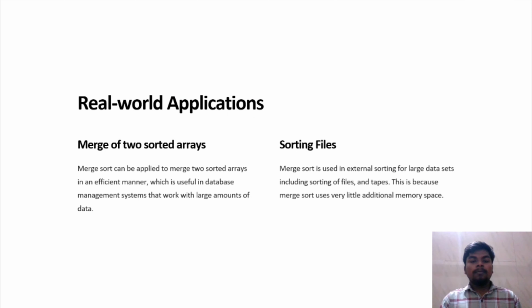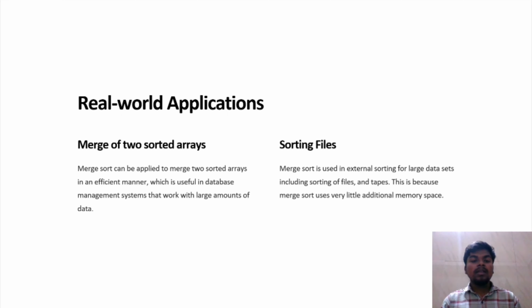The real world applications of the merge sort. There are two main applications of merge sort in the real world: merging two sorted arrays and sorting files. Merging two sorted arrays can be done in an efficient manner, which is useful for database management systems that work with a large amount of data.